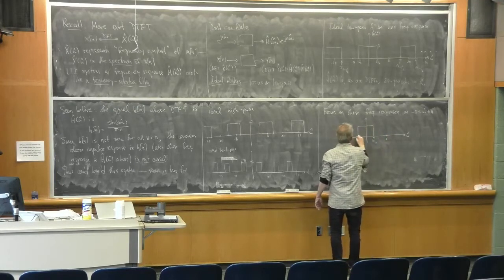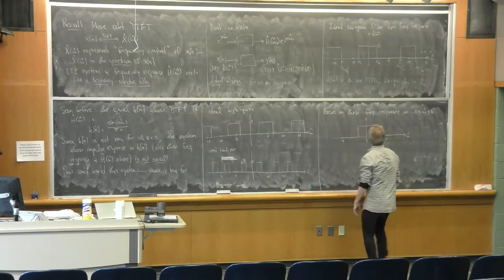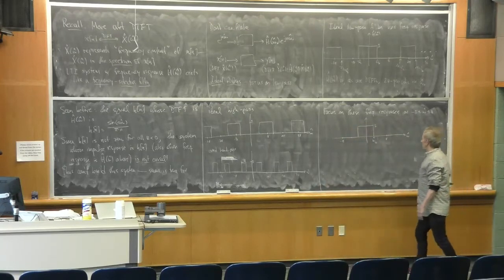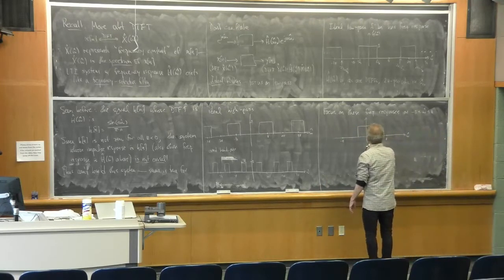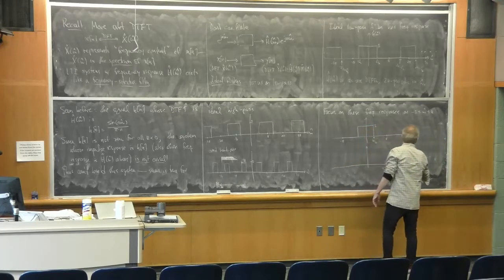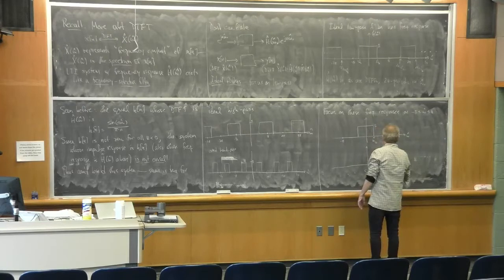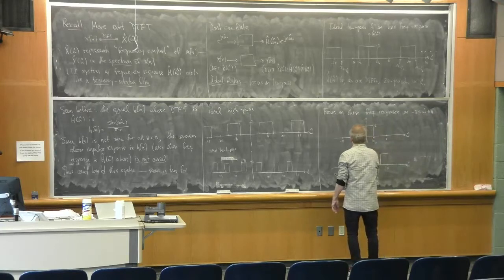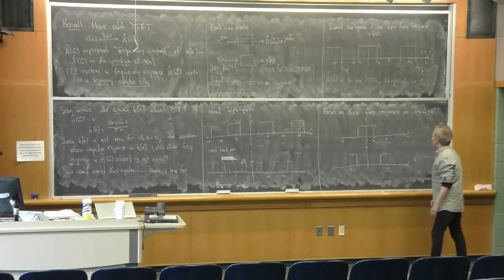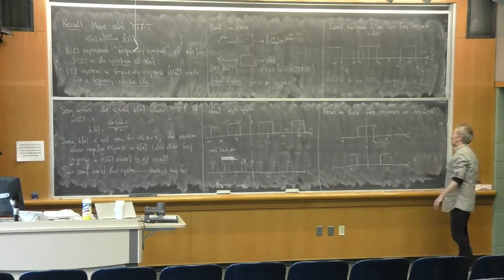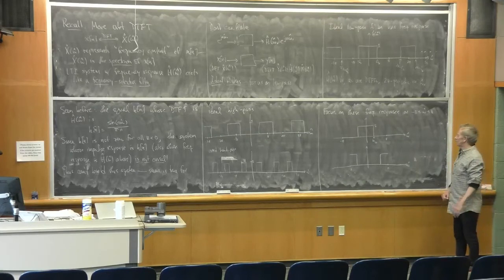It's going to be 0 there and 1 here. The ideal high pass is going to look like this. Here's pi, it's going to be like so, minus pi, it's going to be like so. Okay, and the ideal bandpass, I'll just leave that on the side for now.